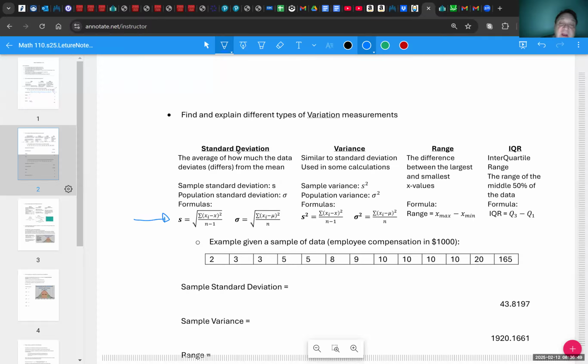There is a formula for S and a formula for this little circle with a hat on top, which is called sigma. The reason there are two formulas is that we often do standard deviations for samples and also for populations. Whenever we do a sample standard deviation, we always use the lowercase letter s.